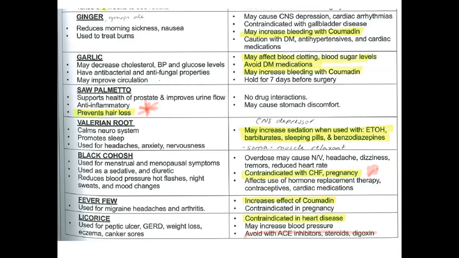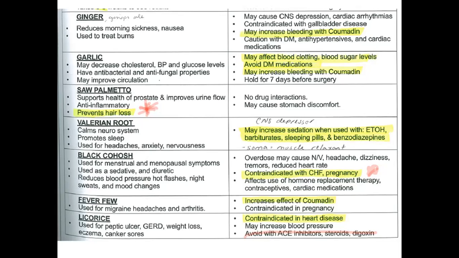So when you give medication, or if you know your patient is taking black cohosh, you have to inform the healthcare provider, right? Overdose may cause GI upset like nausea, headache, dizziness, tremor, or reduced heart rate.